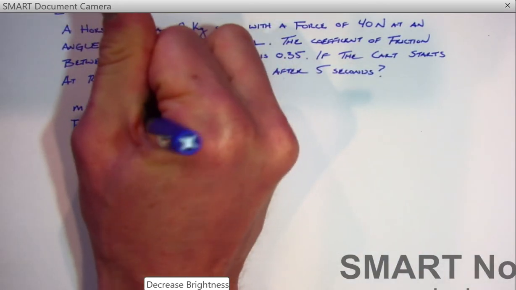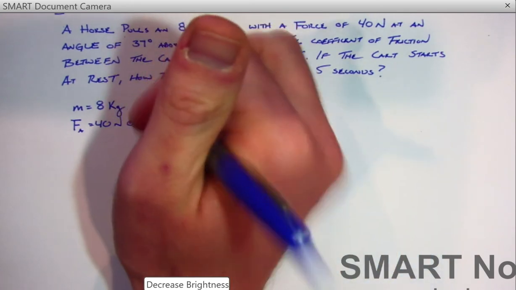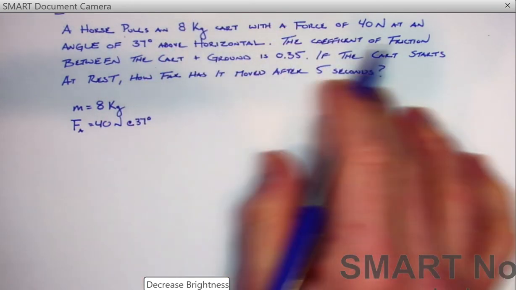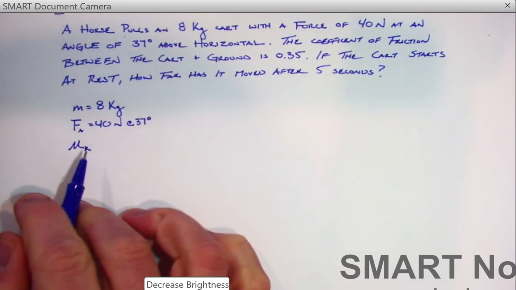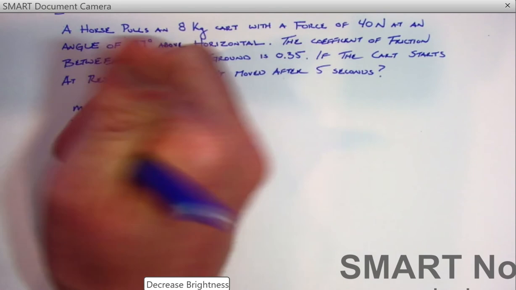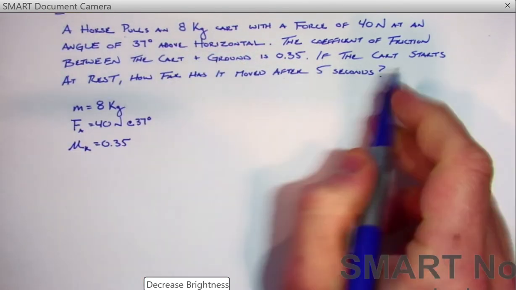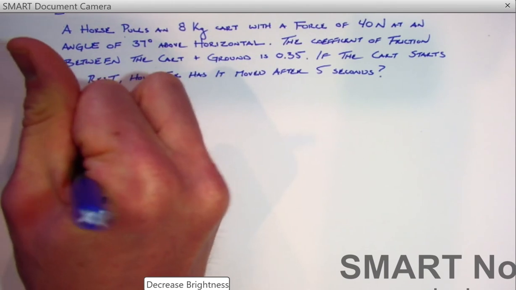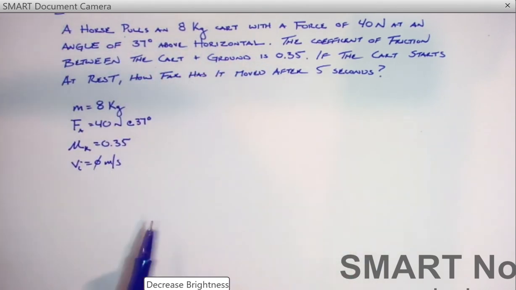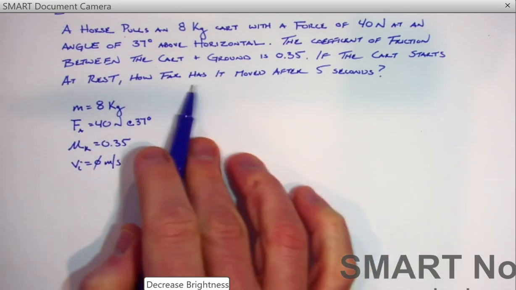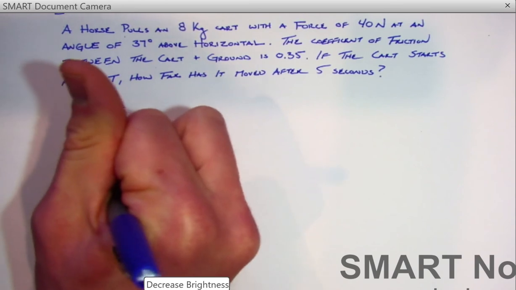So we're going to have to do angles to some degree above the horizontal. The coefficient of friction, it's moving, so that's kinetic, between the cart and the ground is 0.35. If the cart starts at rest, so V initial is 0 meters per second, how far will it have moved after 5 seconds? So time equals 5 seconds.